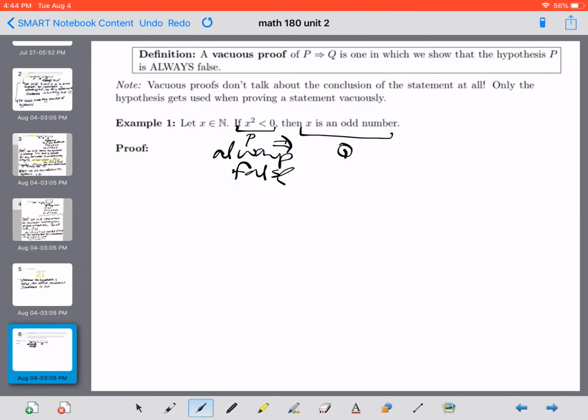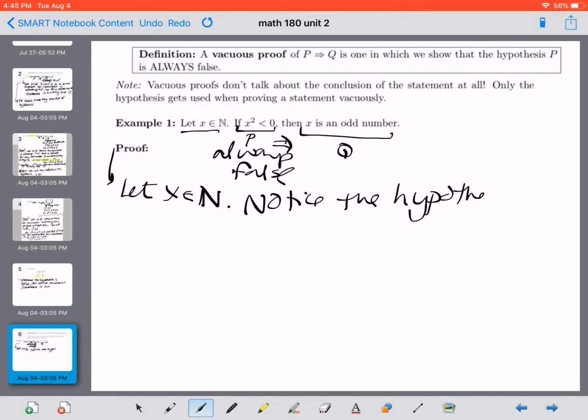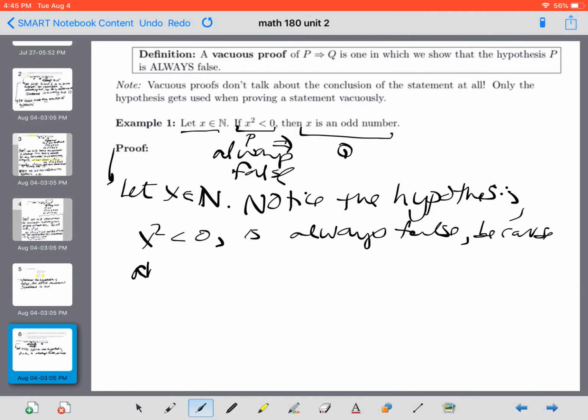So our proof is going to look like this. Once again, we start with our assumption. Let x be a natural number. Notice that the hypothesis, that is x squared less than 0, is always false because any natural number squared is positive.